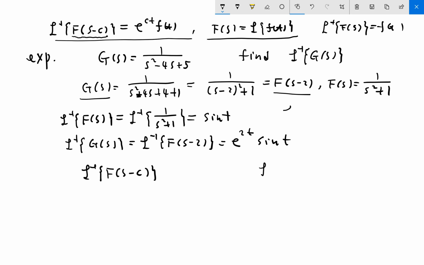Just find the inverse Laplace transform of Fs. That's easier. This gives you ft. Then this one just gives you e to the ct ft. That's it. Alright, in this section we learned several formulas. They're all important for you to find the Laplace transform easily, and so is the inverse.